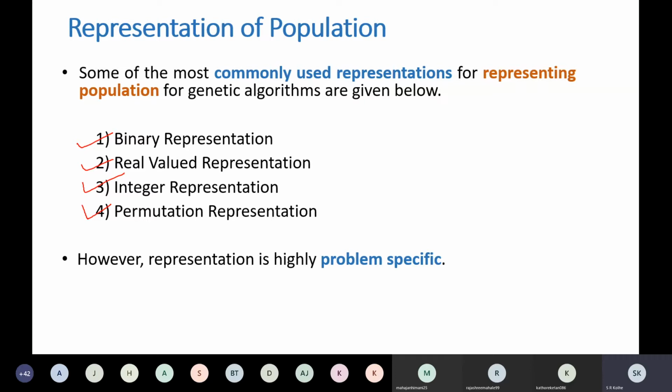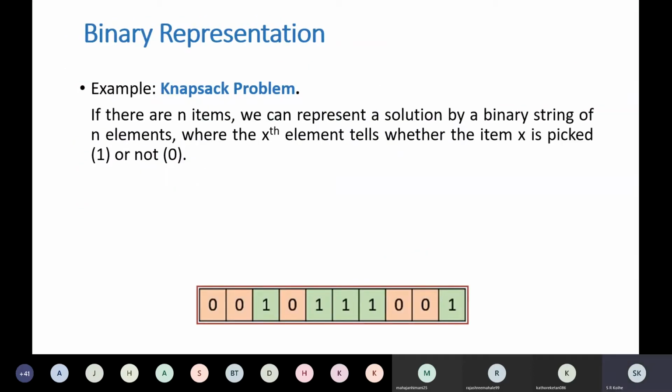Okay. So in last class we have seen that you can represent chromosomes by using these four techniques, and you can have your own representation also, because it is problem specific. The only thing you have to keep in mind is that your solution representation should be in computer representable form, that the computer should understand. The first, basic technique was binary representation, where we represent a solution in the form of a set of binary bits.